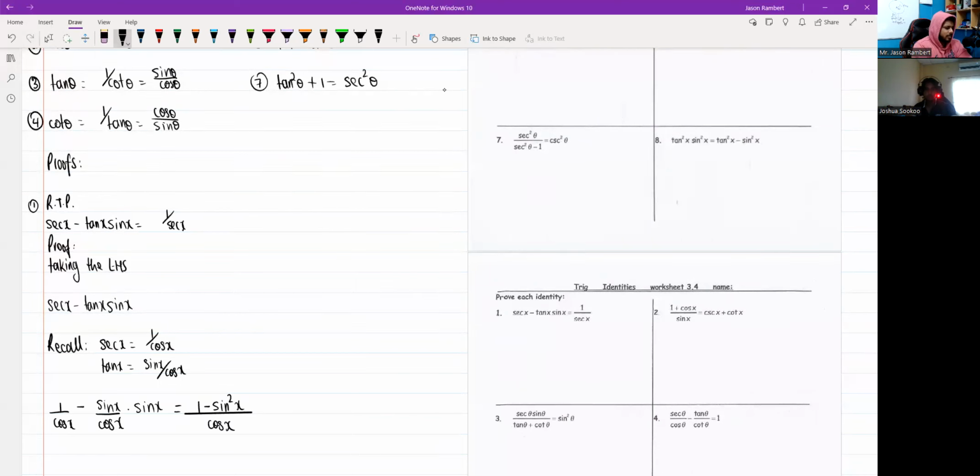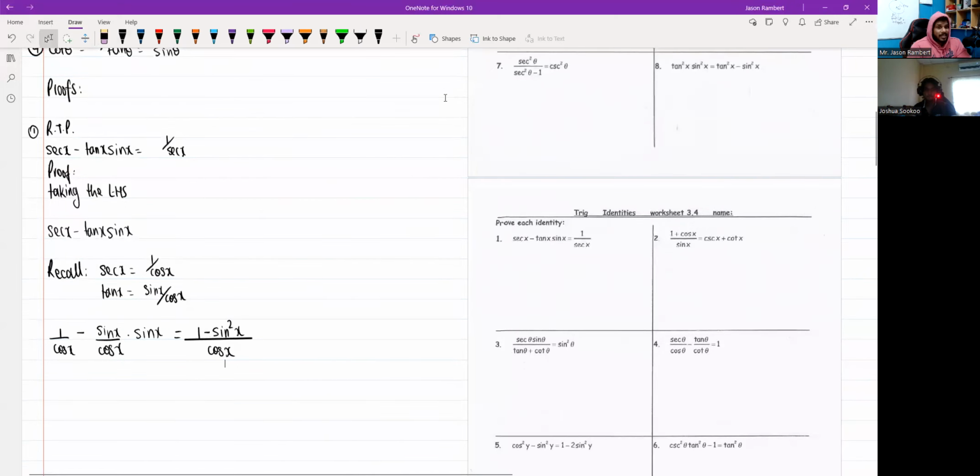The denominators are the same, and we are subtracting two fractions, so I can just subtract the numerators. I see another identity unfolding here. So again, I will recall the base identity, sine squared x plus cos squared x is equal to 1, and then rearrange it. Cosine squared x is 1 minus sine squared x.